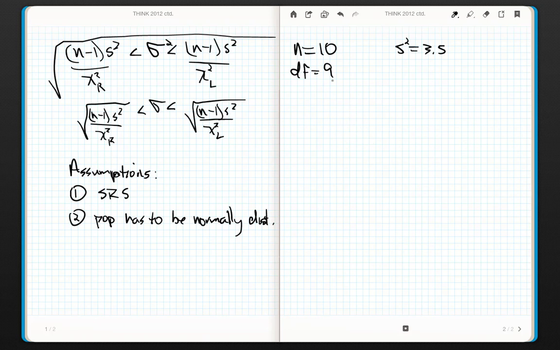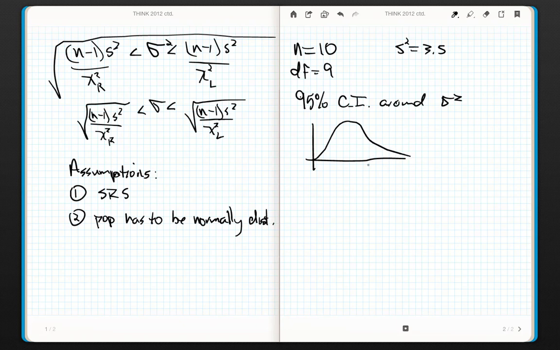Now, let's talk about this for a sec because I want to make sure that you all get this. I'm going to build a 95% confidence interval around sigma squared. Let's remember, in case you got up and had to go to the bathroom or whatever, these form this chi-squared curve under some very specific circumstances. The idea behind the confidence interval is still the same.